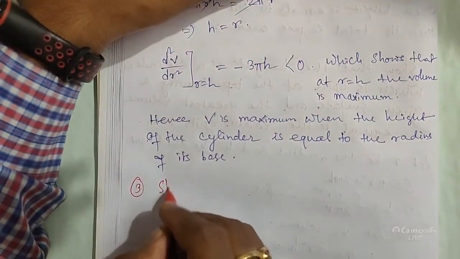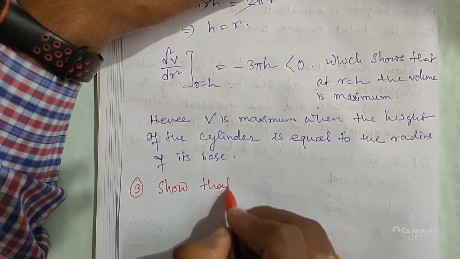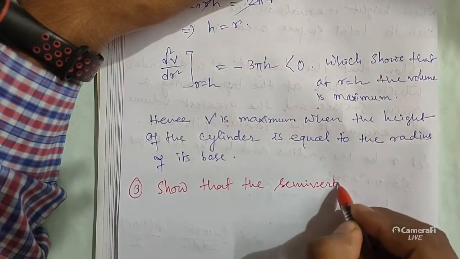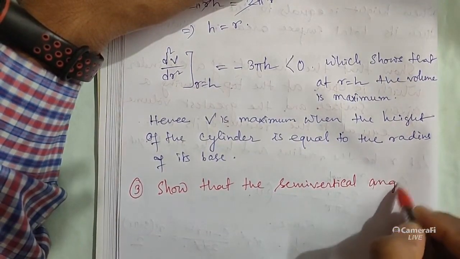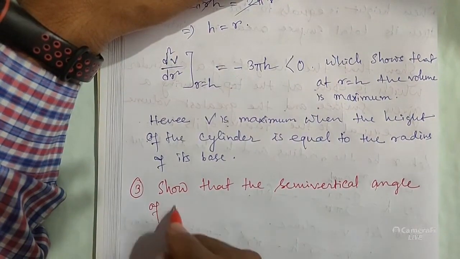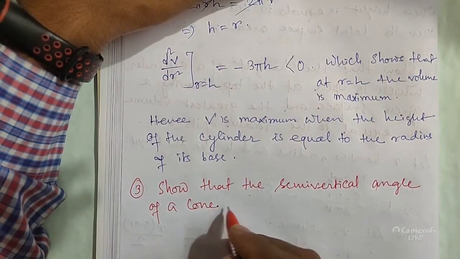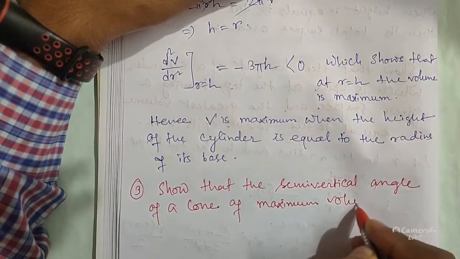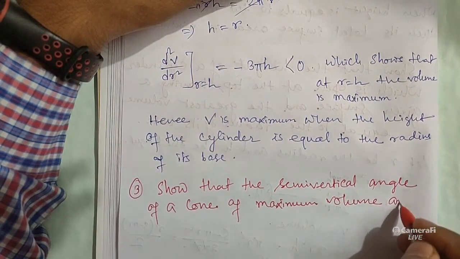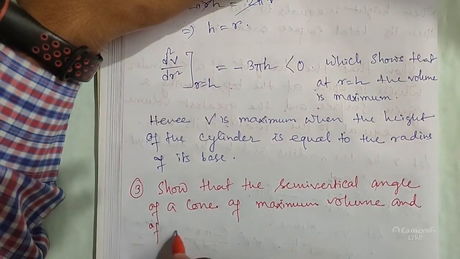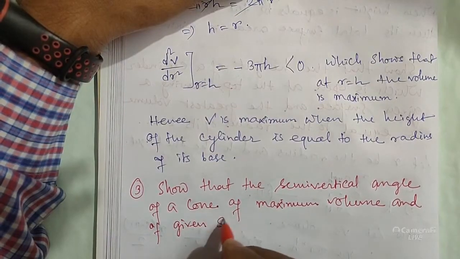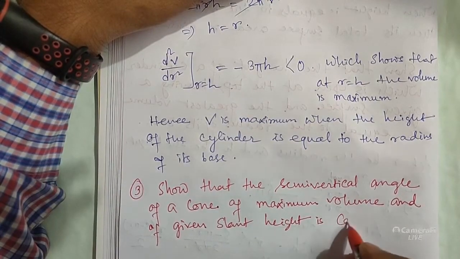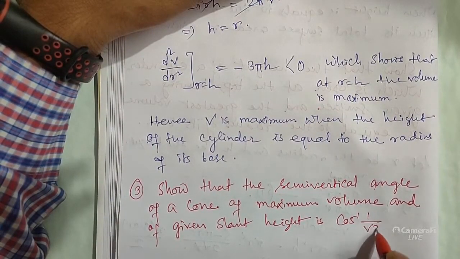Here we have to show that the semi-vertical angle of a cone of maximum volume and of given slant height is cos inverse 1 by root 3.